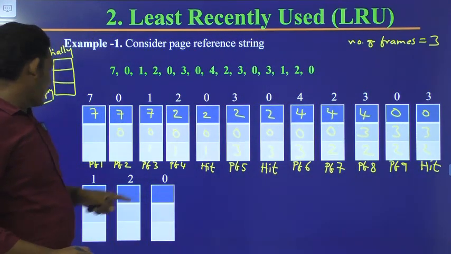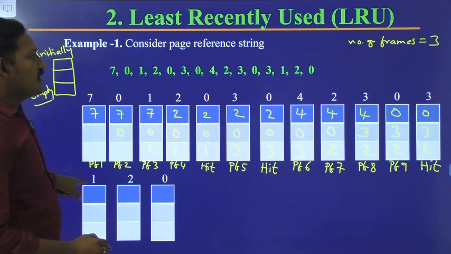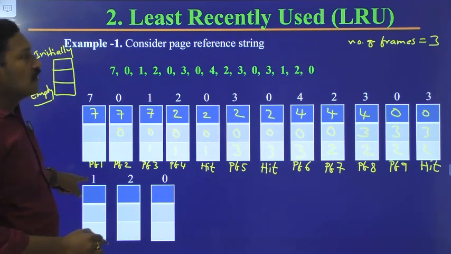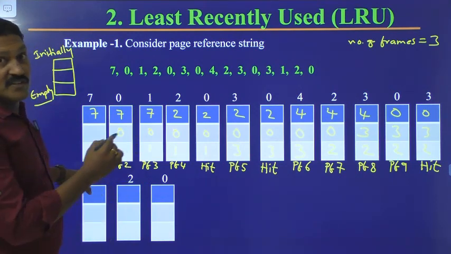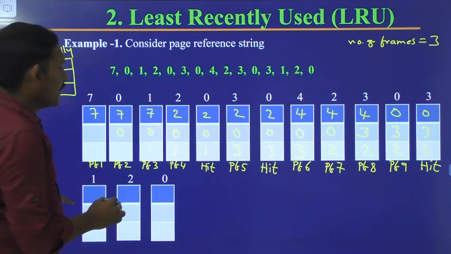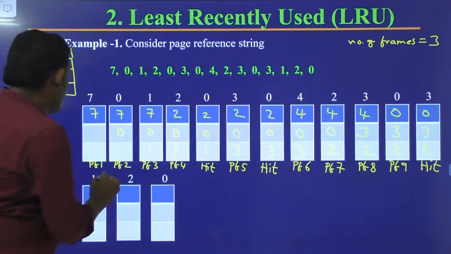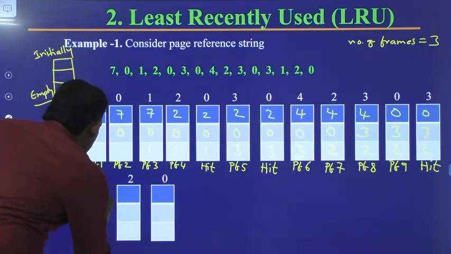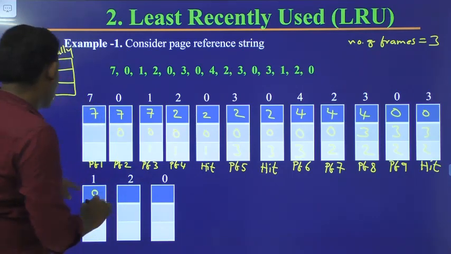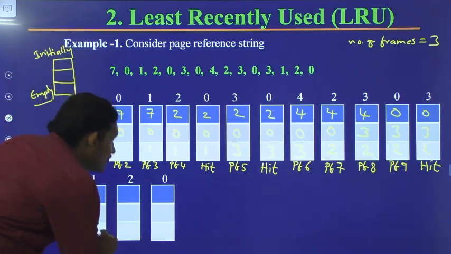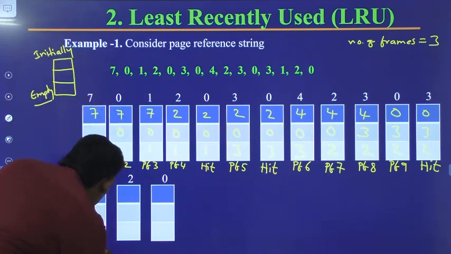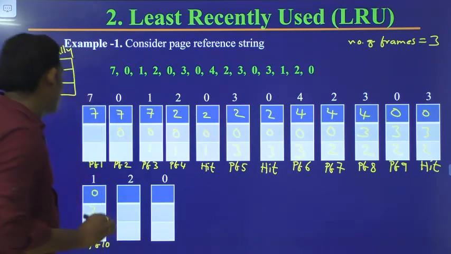Next we have to insert 1. 1 is not available, so we have to remove the least recently used. 3 is recently used. Before that we have 0. So least recently used is 2. In place of 2 we have to place 1. So this is page fault 10.